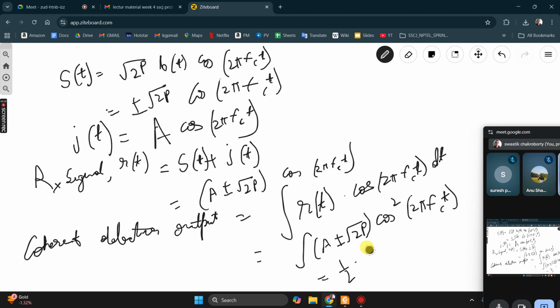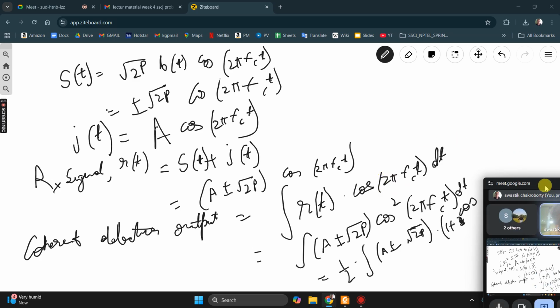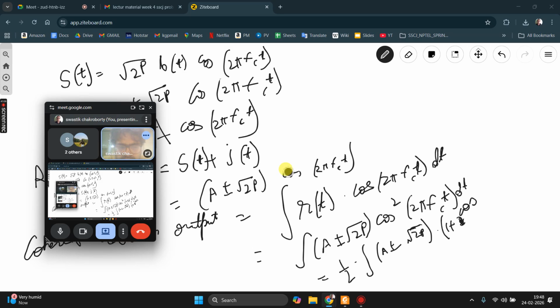You take half, as you do, so A plus minus root 2P, 1 plus cos 2 pi fct dt.